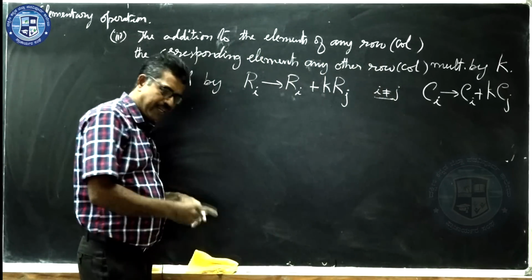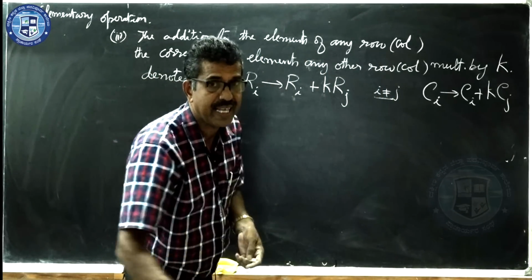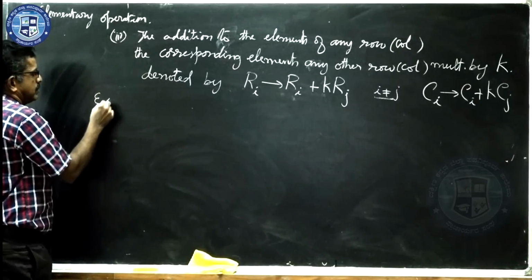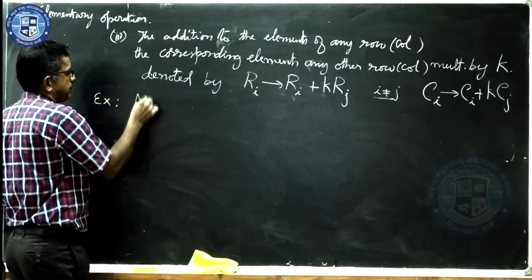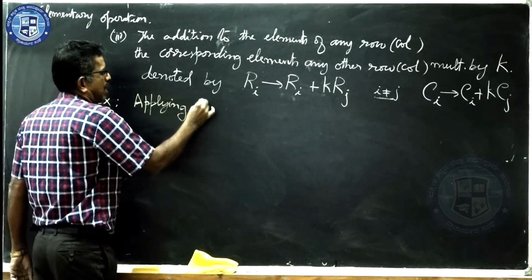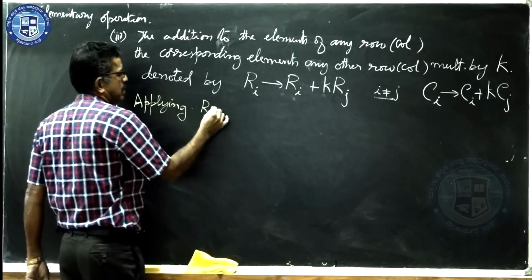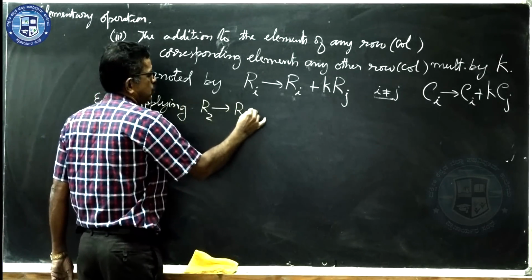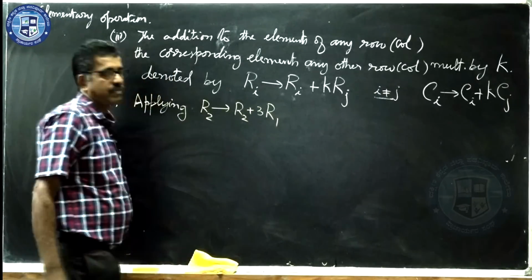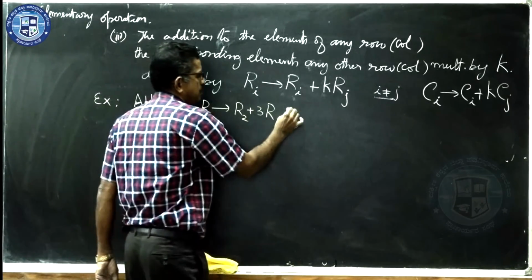I think that will be very clear if I explain by taking one example, like applying R2 plus 3R1 to the matrix.